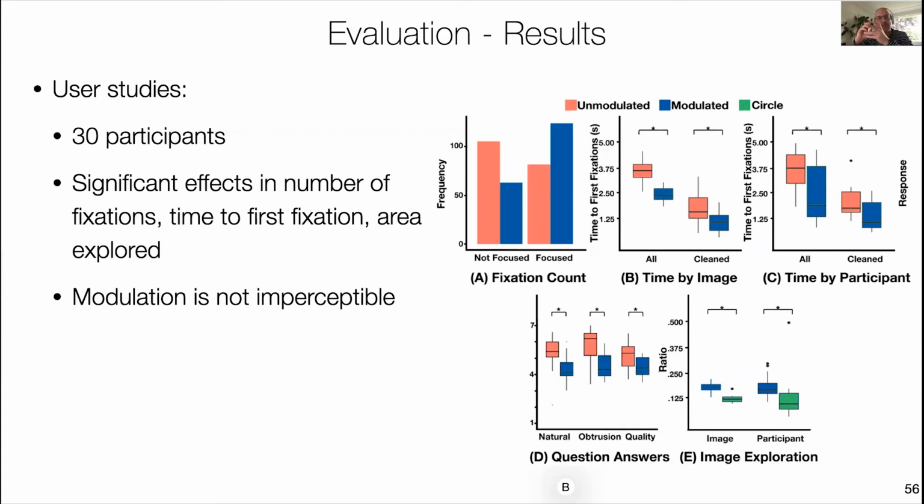While with saliency modulation, they looked there, but still explored the rest, which is beneficial for many applications. But we also found out that the modulation is probably not imperceptible. And there we agree with prior work, who were always saying they were going beyond subtle, and they say their modulation is imperceptible.